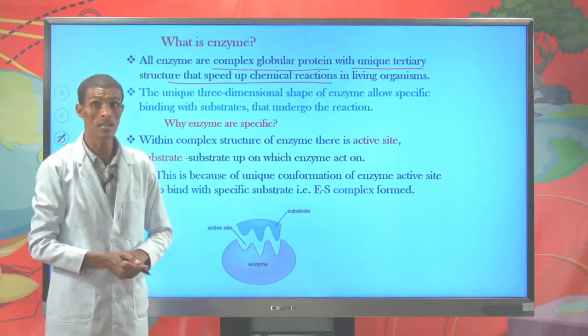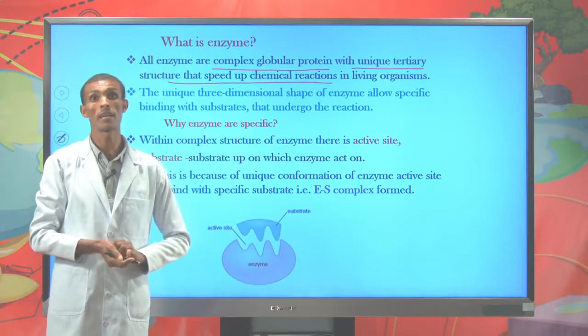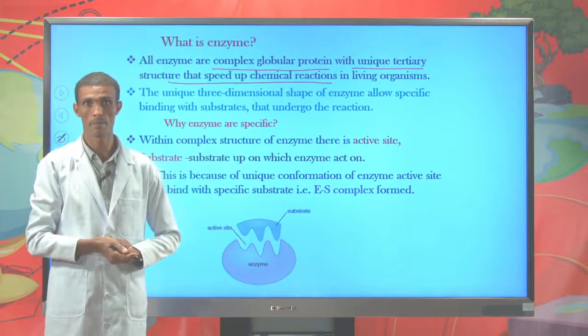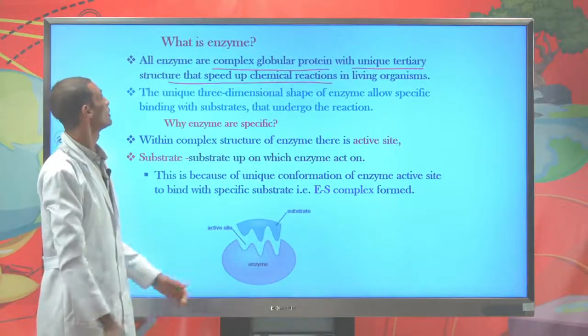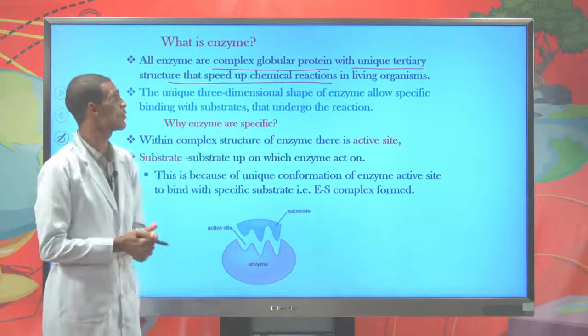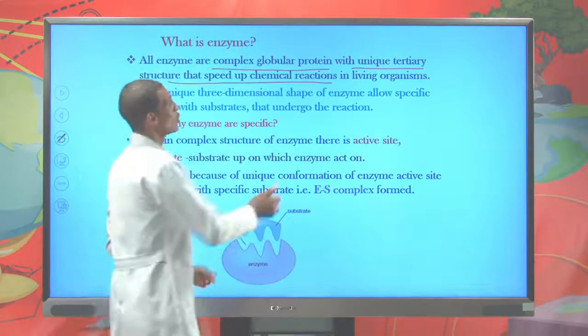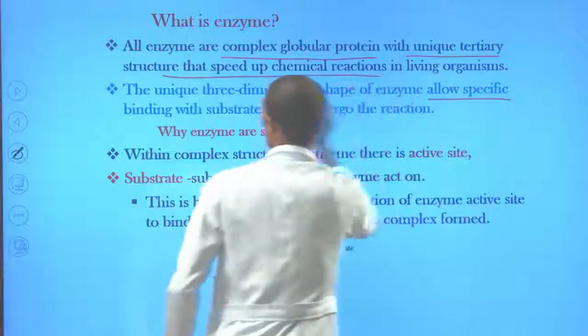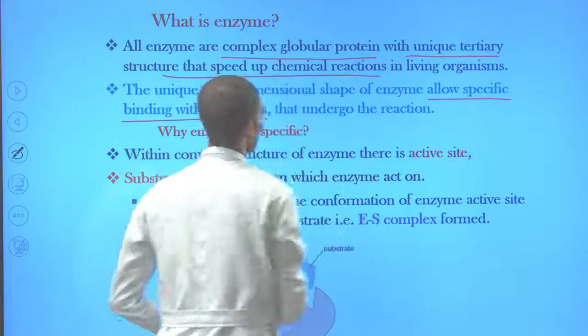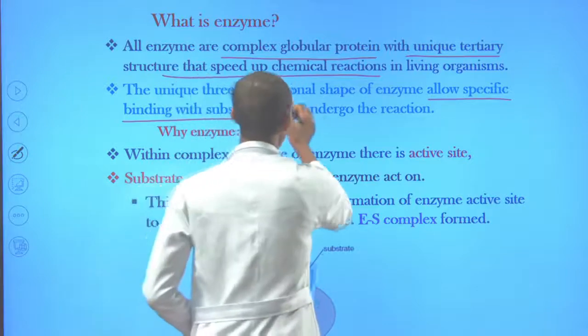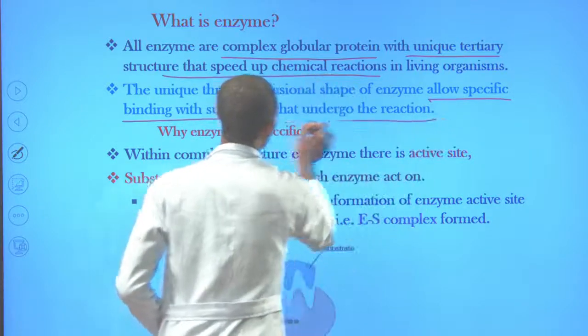As we have seen in our last lesson, enzymes are proteins. And the unique three-dimensional shape of an enzyme allows it to specifically catalyze a substrate. That is very important for the reaction to take place.